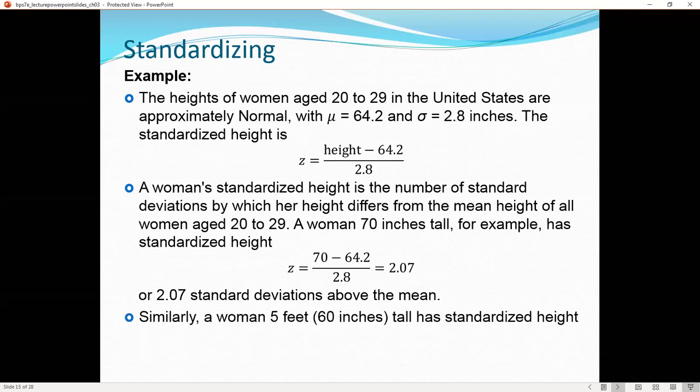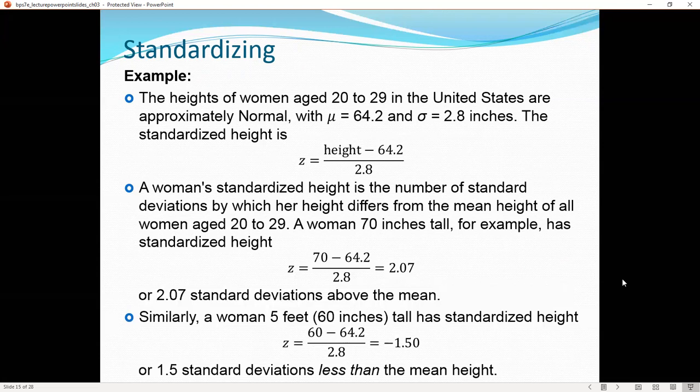Similarly, a woman 5 feet or 60 inches tall has a standardized height of 60 minus 64.2, that quantity divided by 2.8, which yields negative 1.5, which tells us that she has a z-score 1.5 standard deviations below the mean. So 1.5 standard deviations less than the mean height.